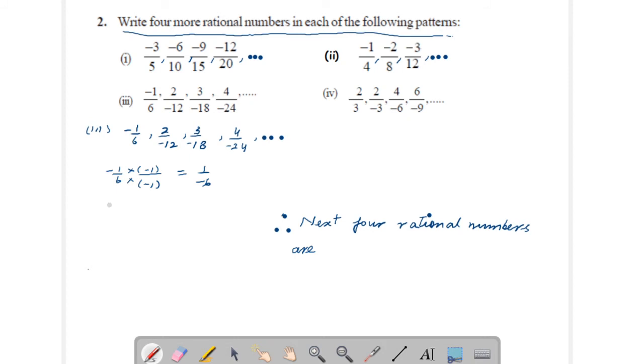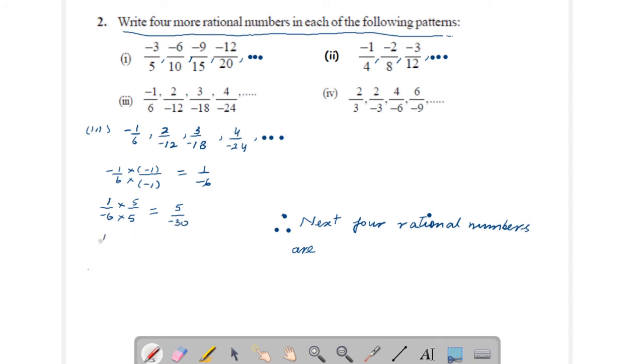Let us multiply 1 upon minus 6 by 5, you will get 5 upon minus 30.